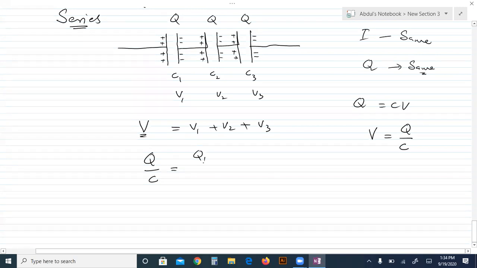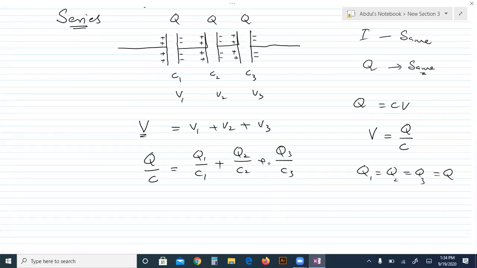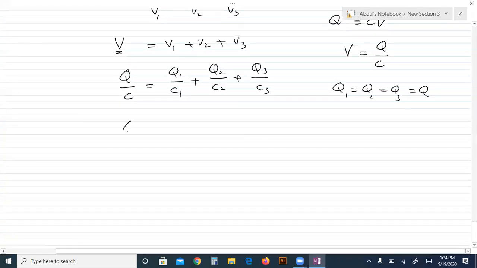V1 will be Q1 over C1, V2 is Q2 over C2, V3 is Q3 over C3, but all Qs are the same in series. So we can write Q divided by C total equals Q over C1, Q over C2, Q over C3.